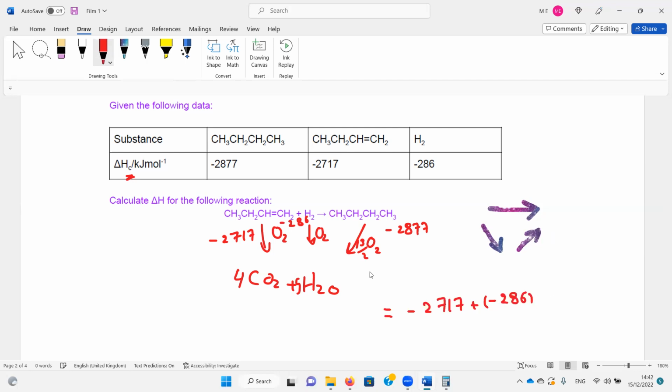And then the other arrow is going against the purple arrow. So that means I need to change the sign. So plus, and the sign here is negative, so I'll change it to positive. So plus 2877.